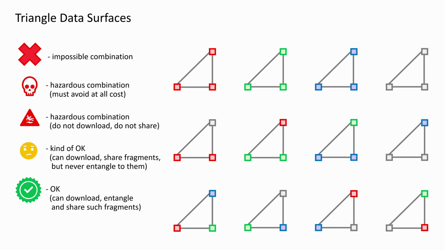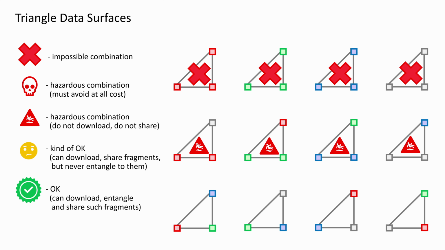As mentioned before, if the vertices of the triangle are fragments of the same color, then the result is not a meaningful file. If fragments of 2 different colors are used, then this is a dangerous combination. Again, such fragments should not be shared and must not be used for entanglement. If the vertices of a triangle are fragments of 3 different colors, then that is quite okay, but I would avoid using such fragments in the entanglement procedure.